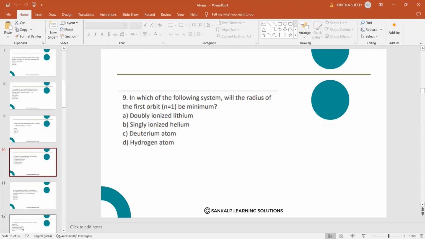So here, when will the radius of the first orbit be minimum? That is option A, doubly ionized lithium.